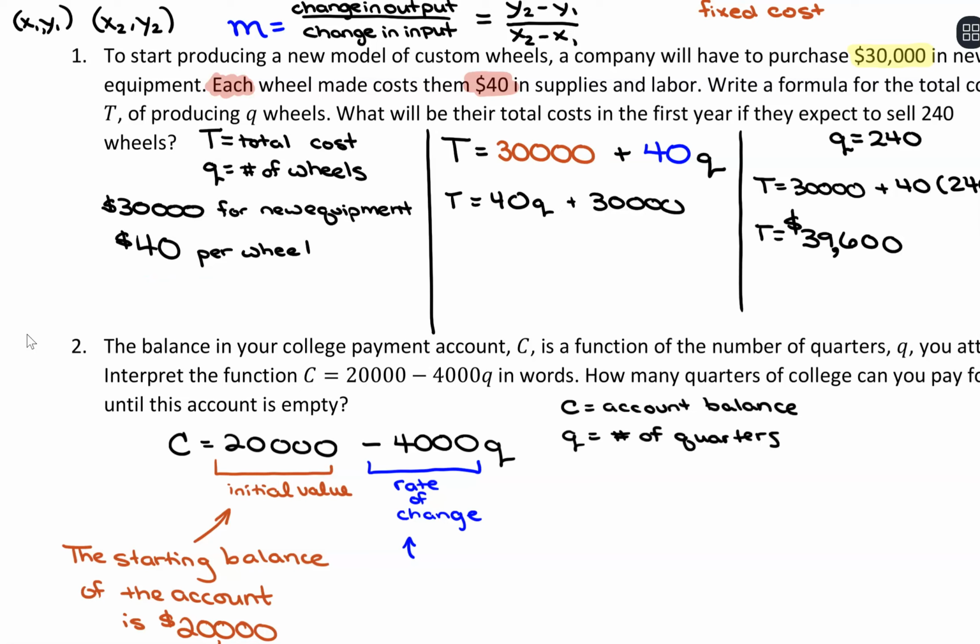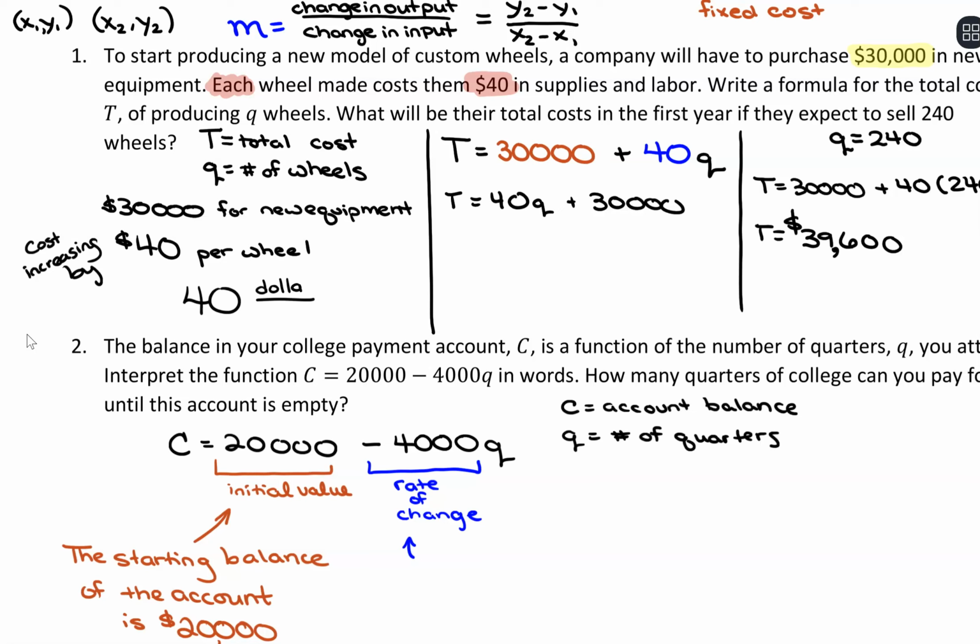And in terms of units, like having 40, and this idea of dollars per wheel, we could think of that as a fraction.